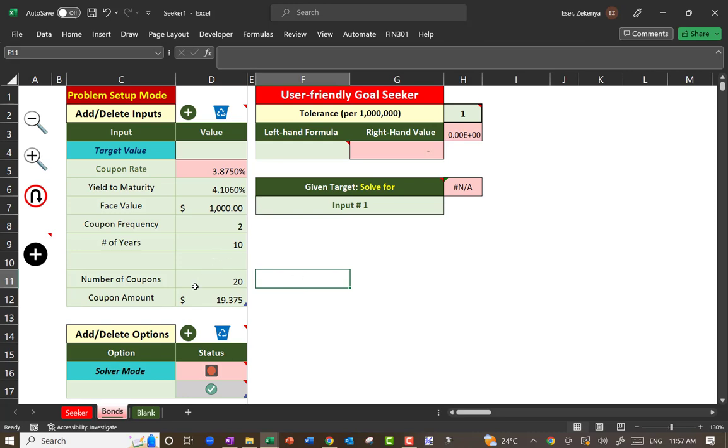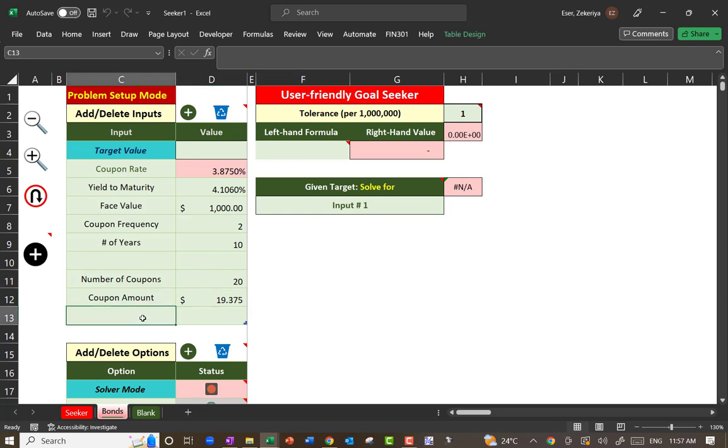All right. I'm gonna actually add one more input. I'm gonna call this current yield. Sometimes bonds are summarized using their current yield.